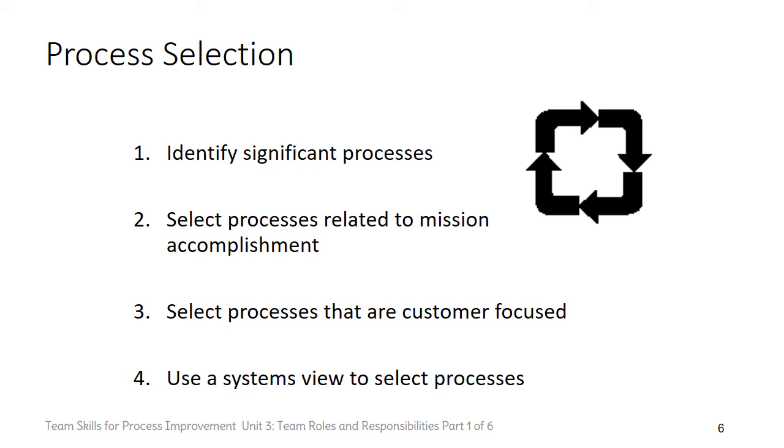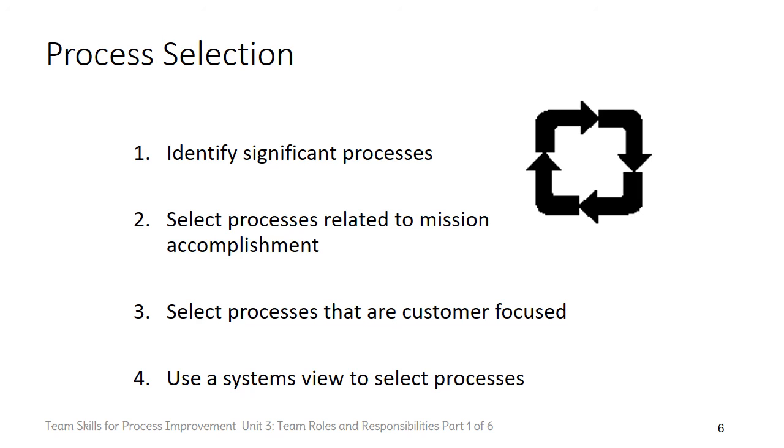4. Use a systems view to select processes. Sometimes the workforce is solicited for suggestions regarding processes they perform as a means to identify opportunities for process improvement. Of course, no one understands process problems better than the person working with the process.